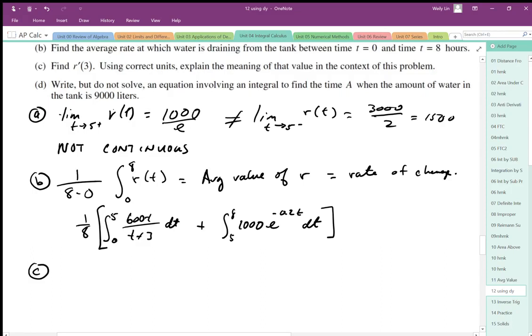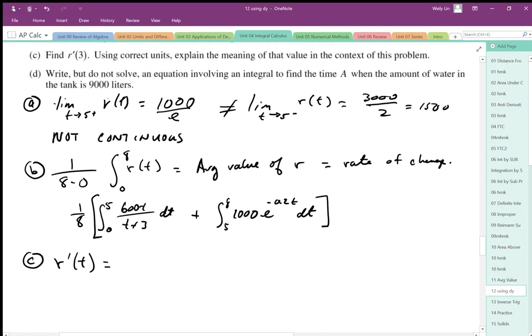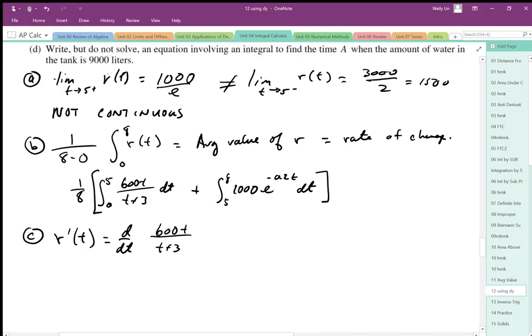For part C, it says find R prime of 3, using correct units, and explain the context of the problem. First of all we have to find R prime. We're going to do this from 0 to 5, so we differentiate that expression, the rate of change of 600t over t plus 3. It's the quotient rule, so we end up with 600 times t plus 3 minus 600t times 1, all over t plus 3 squared.